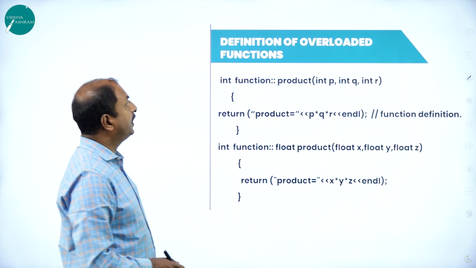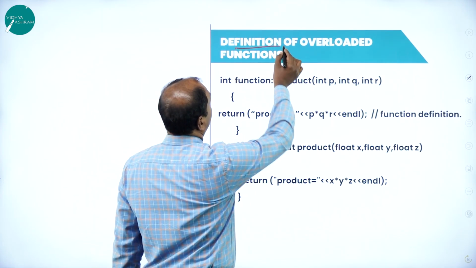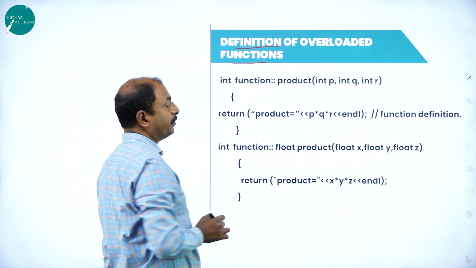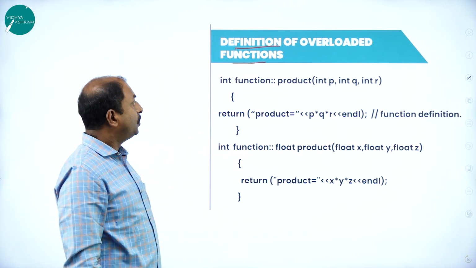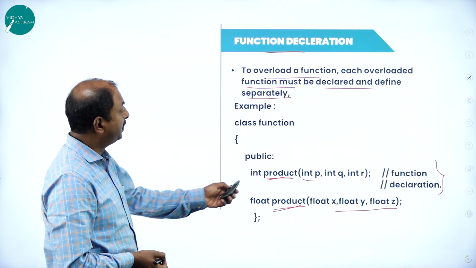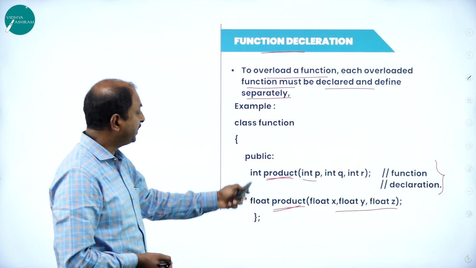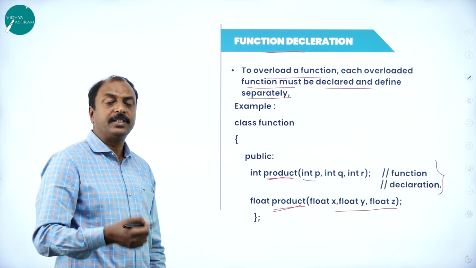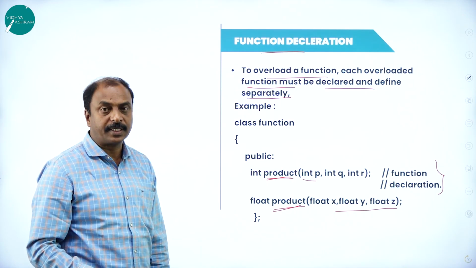In the next slide, now let us see the definition of overloaded functions, nothing but function definition. So how do we write a function definition? In the previous slide, this was the declaration of the function inside the class. Now we have to write the function definition outside the class.